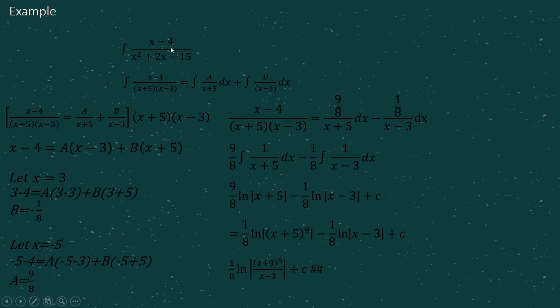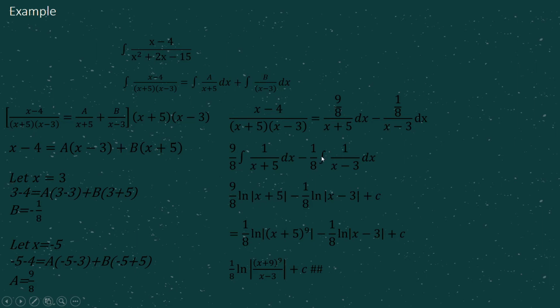Okay, after we find the constants, we can integrate the whole fraction. After we integrate, we get the integration of 1 over s plus 5 is equal to ln of s plus 5.